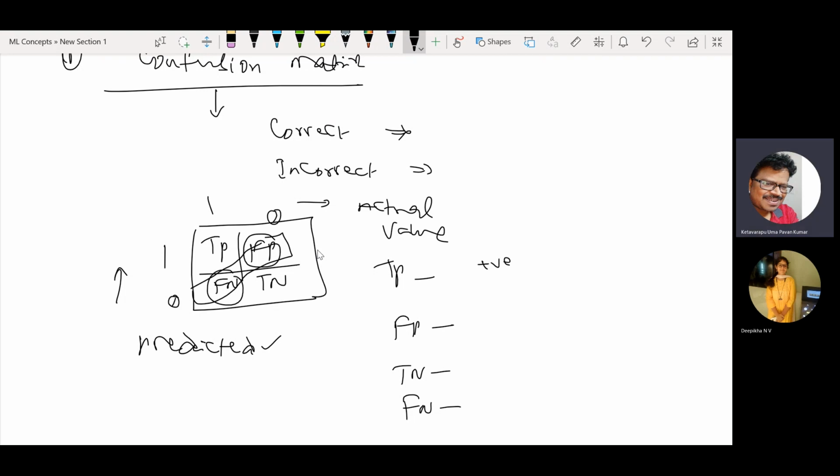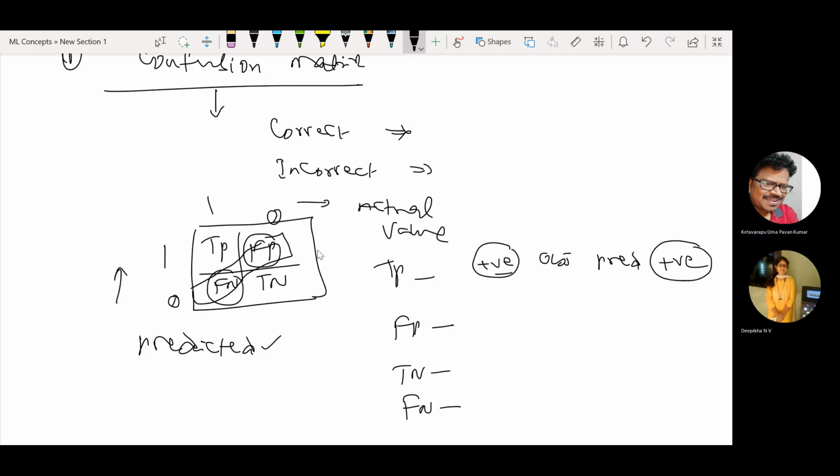Simply, observations are positive and your model also predicted positive. False positive is the number of negative observations the model incorrectly predicted as positive.